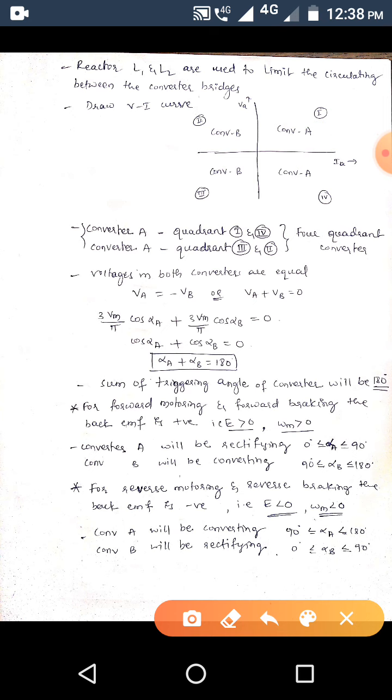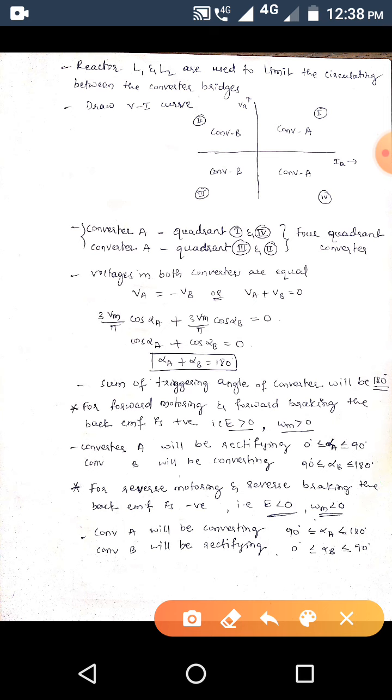Then converter A will be rectifying, with the triggering angle from 0 to 90 degrees. Then if converter A is rectifying, converter B will be inverting, and the range of its triggering angle will be 90 to 180 degrees.